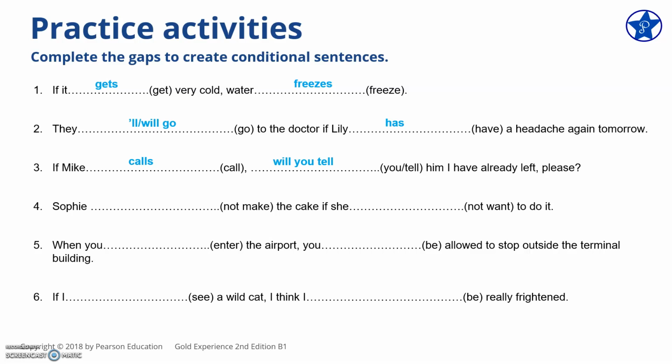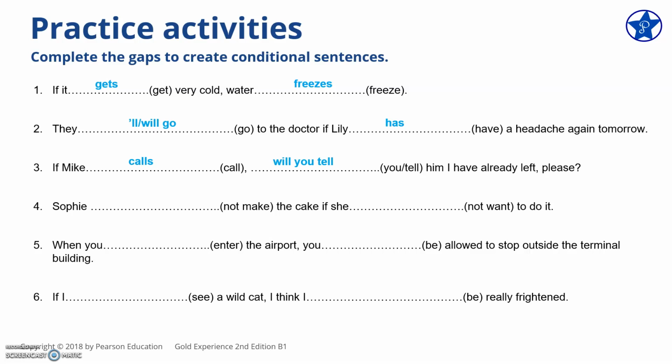Number 4. Sophie, banana, the cake, if she banana, to do it. So, I think this can be both about present and future, and it depends on whether Sophie makes the cake or whether she doesn't want to.